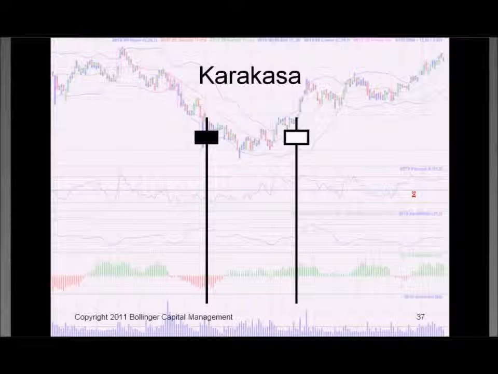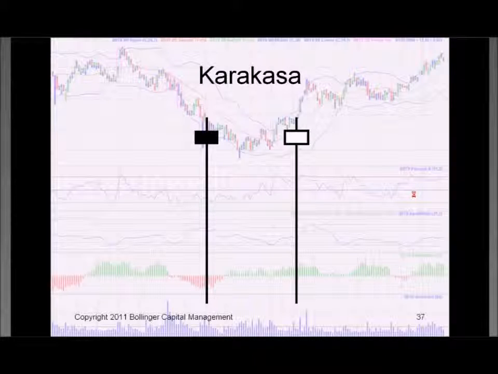Here you have the open being slightly higher or slightly lower than the close. In the example on the left, we have the open being higher than the close. In the example on the right, we have the open being lower than the close.